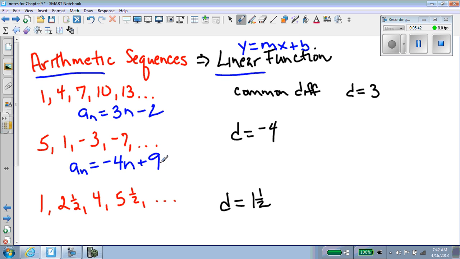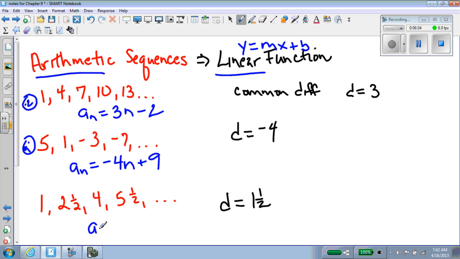Also, I can think about that in this way. If there were a mysterious term here before the first term, what would it have to be? Well, if I'm adding 3 to go forward, I would subtract 3. Again, here, if I'm subtracting 4 to go forward, I would add 4.